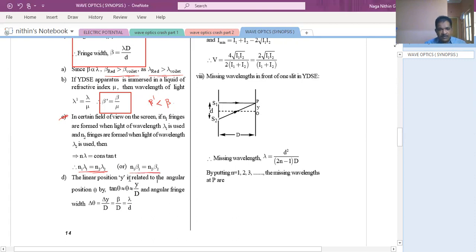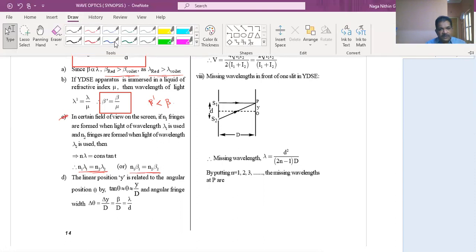This formula we will use there. If the wavelength of light used is 8000 angstrom, then 8 fringes are formed. When light of wavelength 6000 angstrom is used, how many fringes will be formed? Like that, questions will be there. There you have to use N1 beta 1 is equal to N2 beta 2.